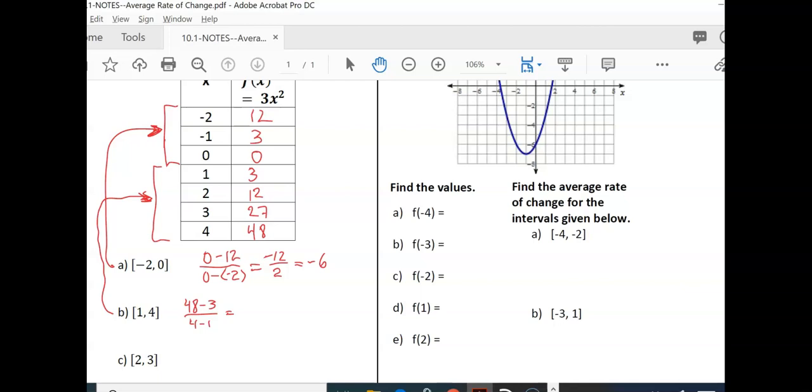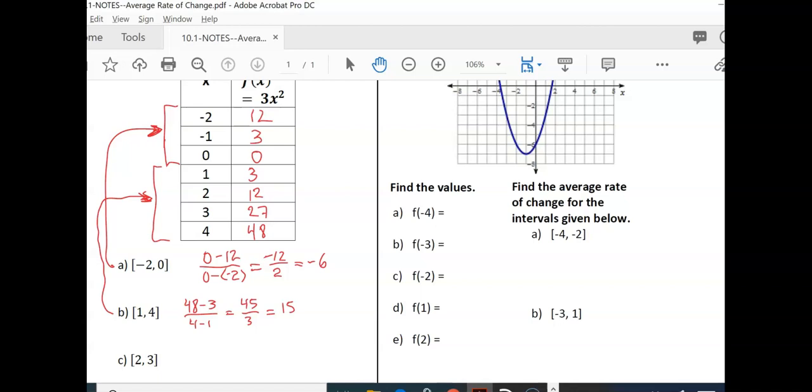So 48 minus 3 would be 45, and 4 minus 1 would be 3, and 45 divided by 3 is 15, so the average rate of change is 15, which means that it runs 1 and rises 15. That average change of -6 means that it drops 6 as it runs 1 to the right.